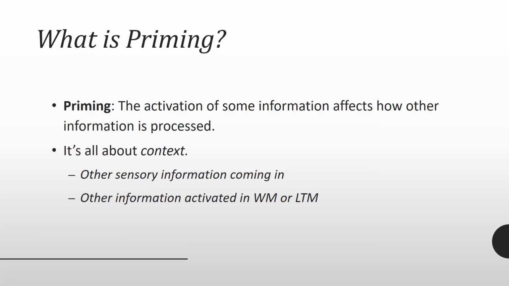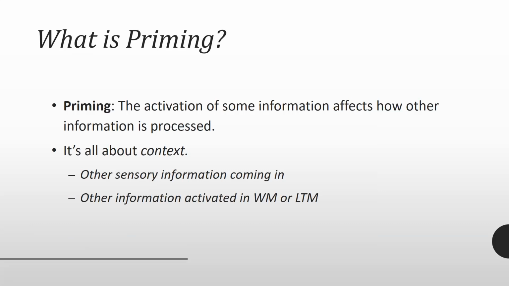The general idea of priming is that the activation of some information affects how other information is processed. You can really look at this as the effect of context. It could be that some sensory information that's coming in affects how other sensory information is processed, so what you're seeing affects what you're hearing, for instance.